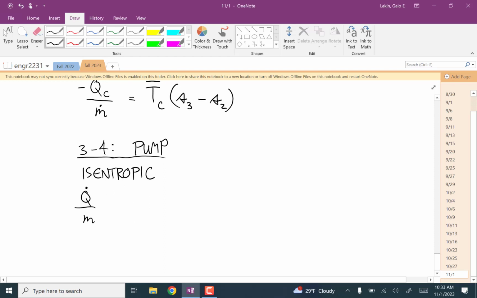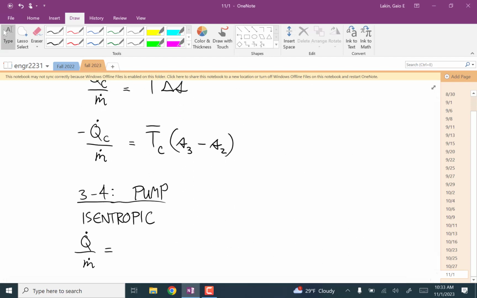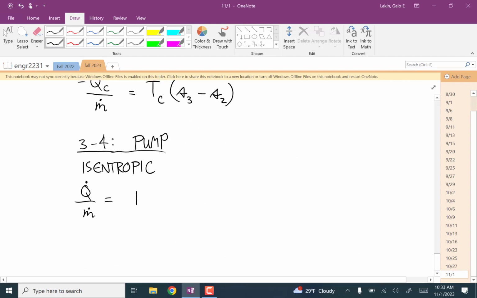So Q dot over m dot, how did I write that before? Which is equal to T average, T ds is equal to 0. That should be a delta.